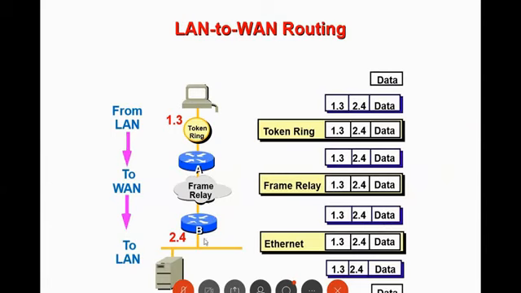Then it enters the destination LAN with Ethernet, with source address 1.3 and destination address 2.4 with the data. Thus the data is retrieved at the destination 2.4. Thus the packet transits on a LAN to LAN, and LAN to WAN. For this there will be a routing table; how the table will be routed and displayed, we will be seeing down the line.